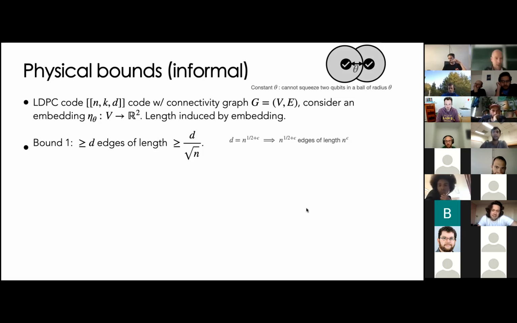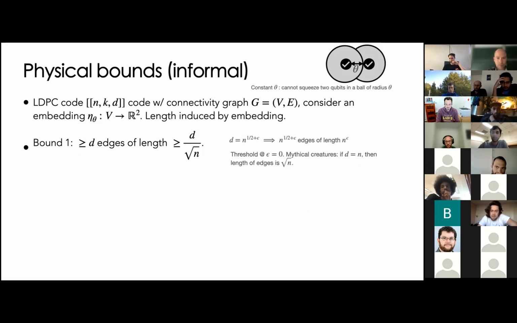Thank you. Right. So if you want to exceed the distance bound of, say, Bravyi-Terhal, even by a little bit, then immediately you find that the number of long-range edges that you need starts to grow. And furthermore, the length of these edges is going to scale as n to the epsilon, right?